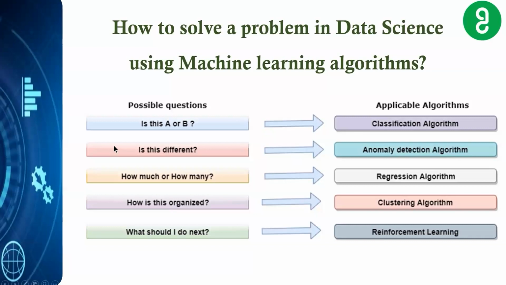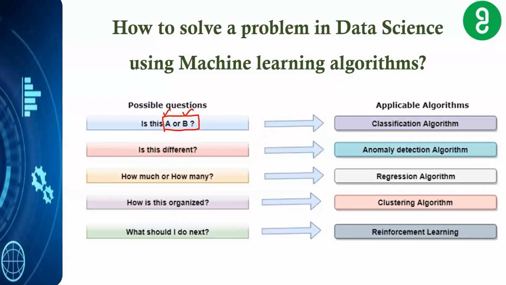Here I have stated some possible questions. Is this A or B? If your problem statement is to categorize whether a particular item or category is type A or type B.